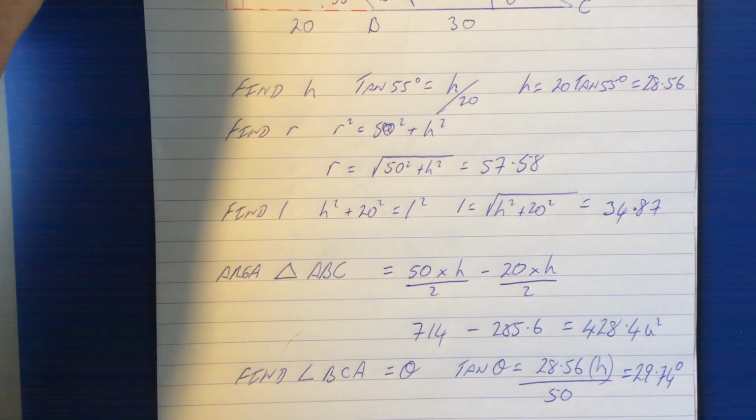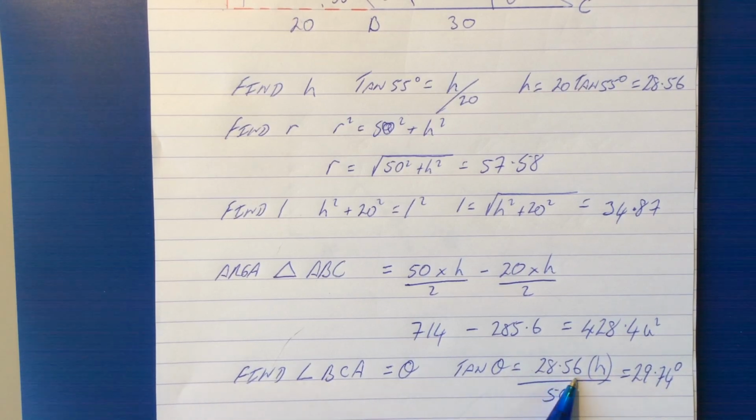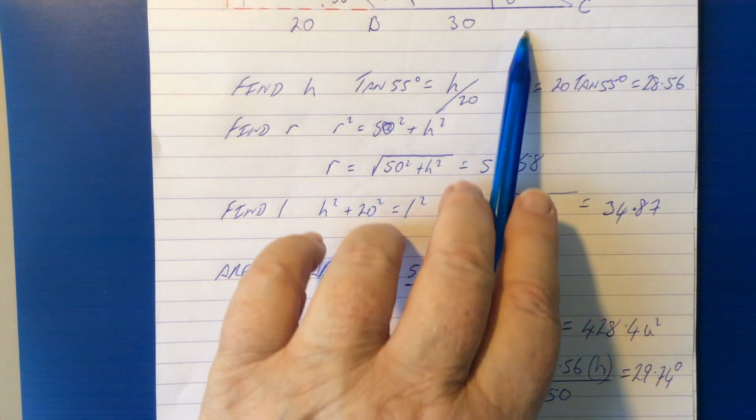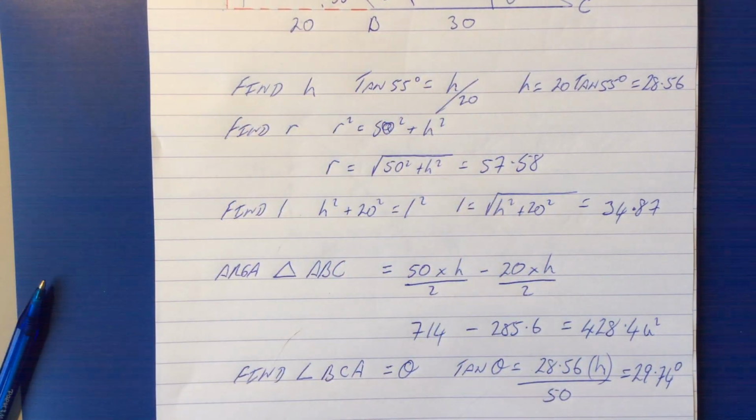So down here we have got angle BCA, which I've called theta. The tangent of theta is 28.56, which is the height, divided by 50, which is the base, which you can just see in the top of the picture. And I'll just do that quickly. Now, this is on a calculator like this.